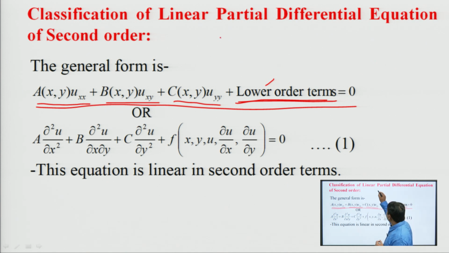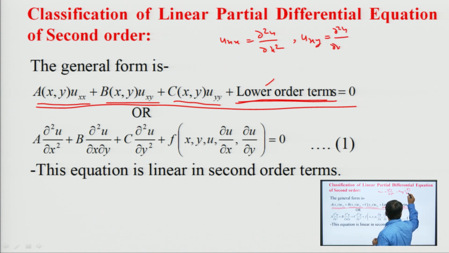If u_xx, the other notation is del 2 u by del x 2, u_xy is del 2 u by del x del y, and u_yy is del 2 u by del y square.